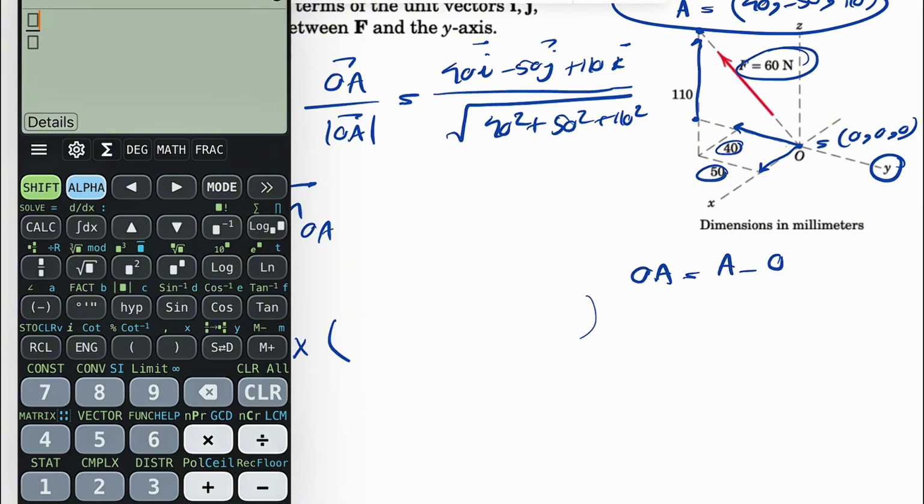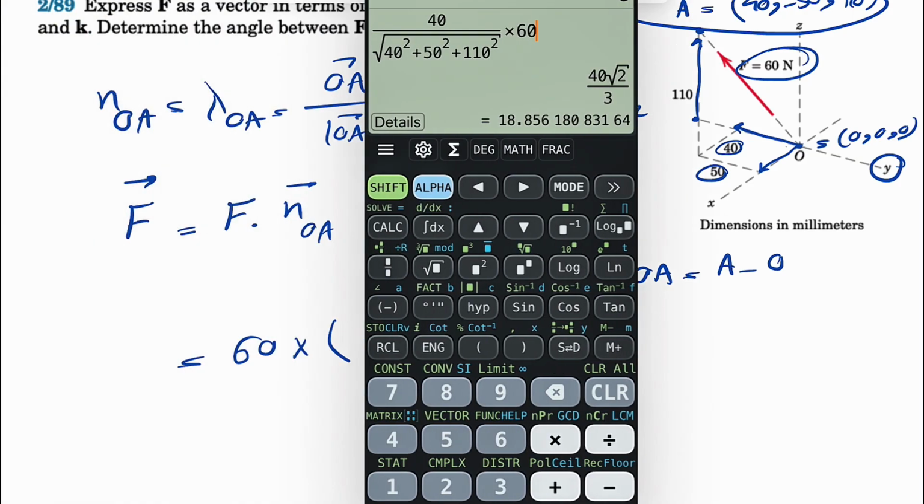This is a ratio, and on the bottom we have the square root of 40 squared plus 50 squared plus 110 squared. I'm just going to divide each of them. The first one is 40, and keep in mind that this ratio needs to be multiplied by 60. That's what we're going to get for the x component.